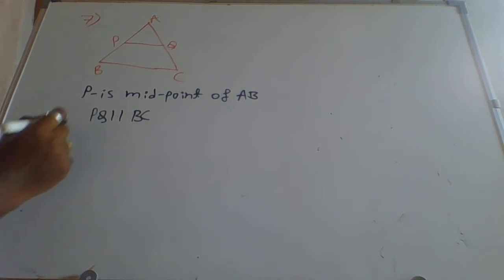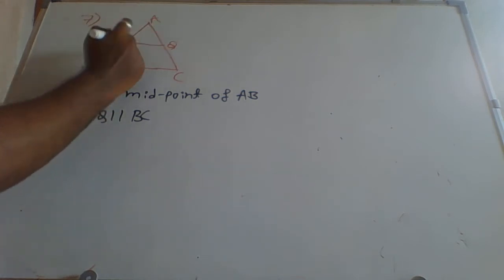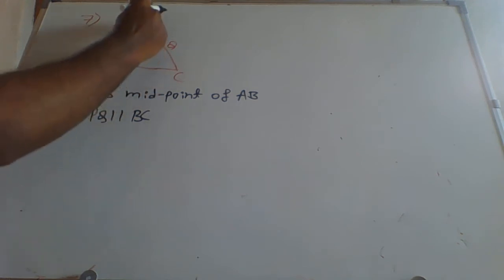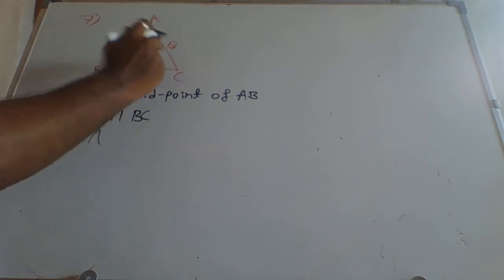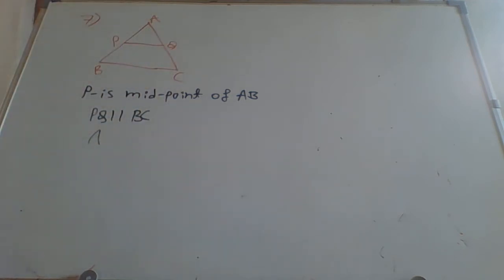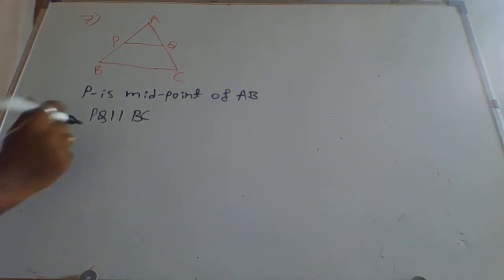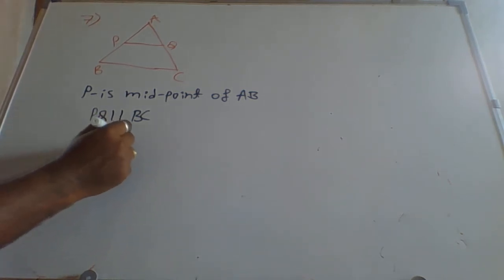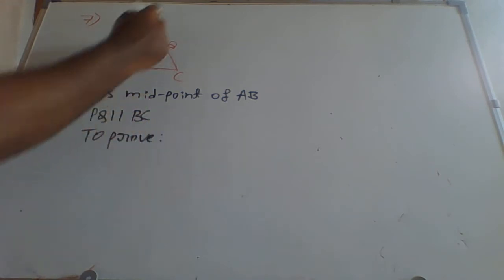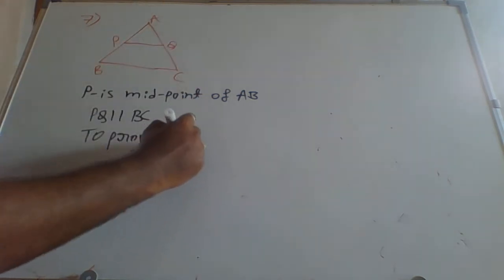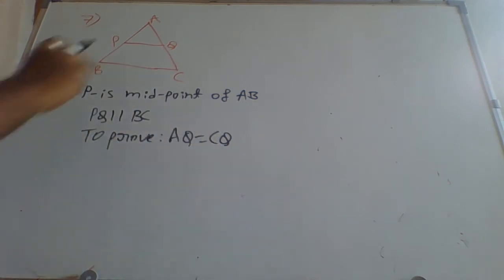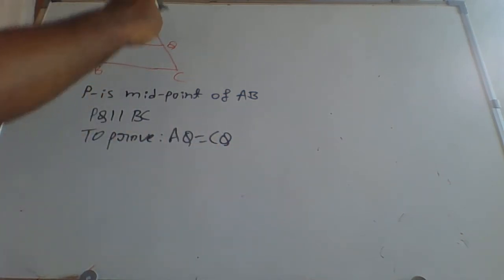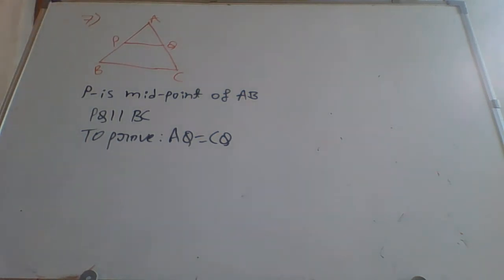We have to prove that if this line PQ bisects line AC, then AQ is equal to CQ. If AQ is equal to CQ, then this line PQ bisects the third side AC.